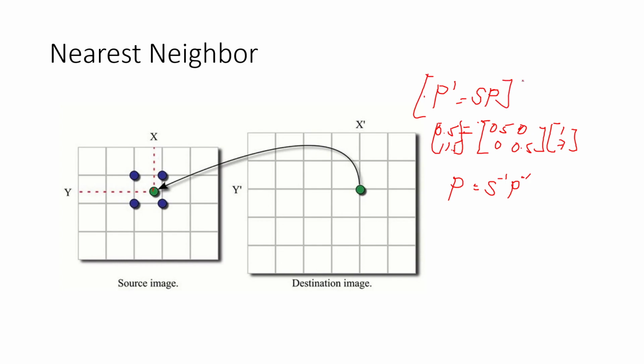So this is the inverse. If we apply the inverse, we can analyze that the destination image could be calculated with respect to the inverse scaling factor times the p dash, or the inverted value of our form.